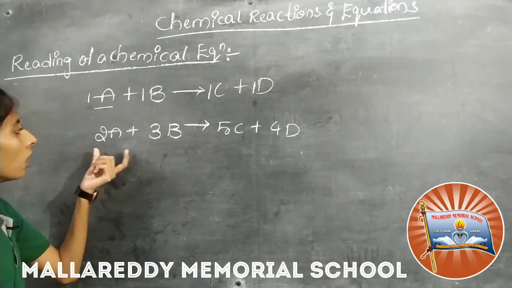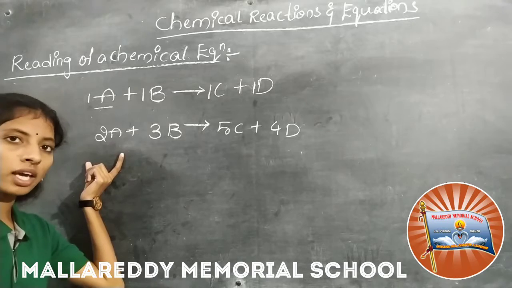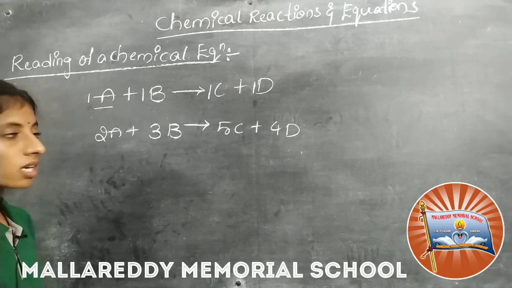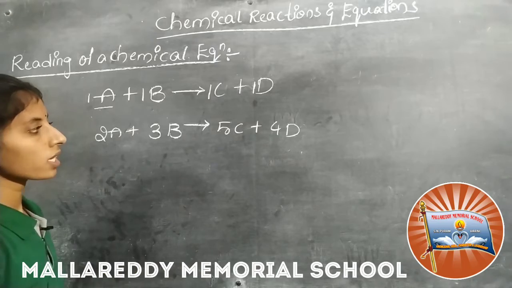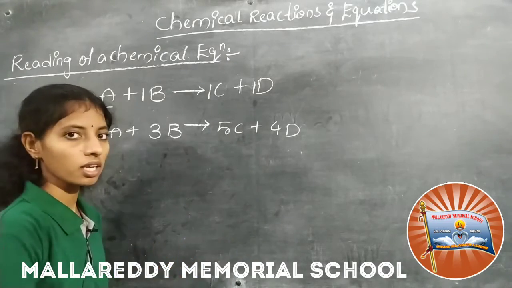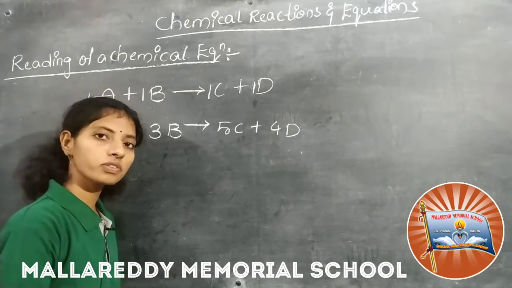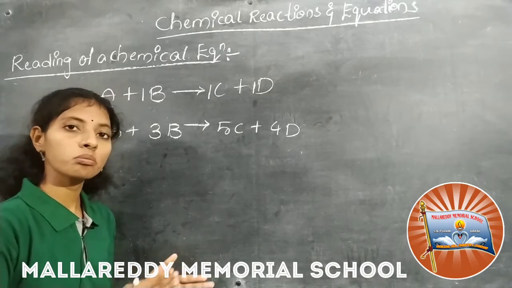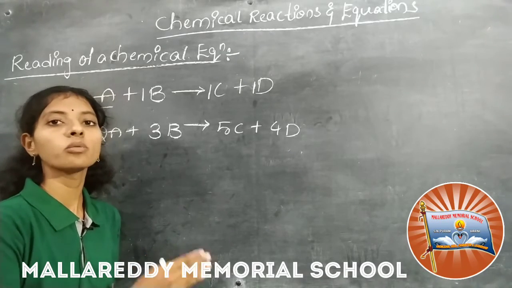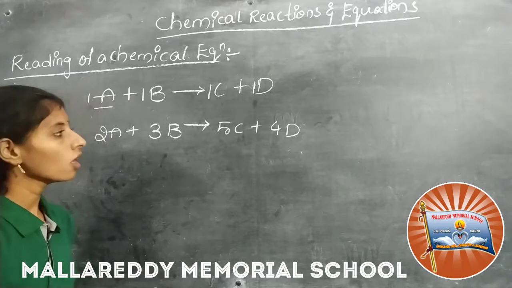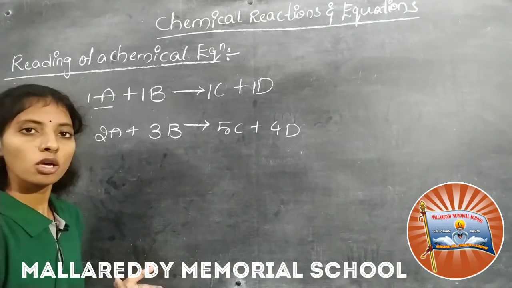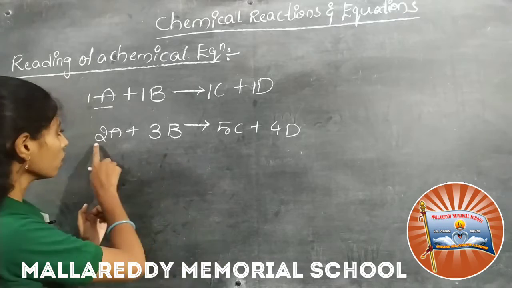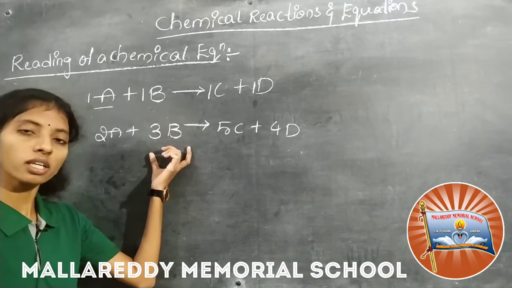That means 2 molecules of A combining with 3 molecules of B. Finally we got products as 5 molecules of C and 4 molecules of D. So remember that before the substance the number indicates the number of molecules, on the reactant side as well as product side. So the number of molecules is indicated by this coefficient number.